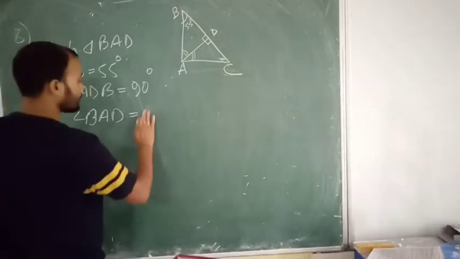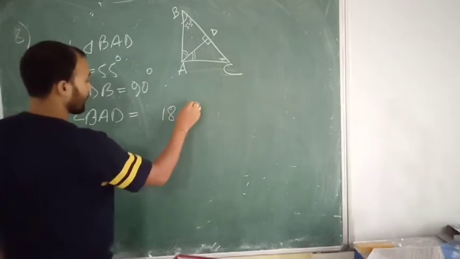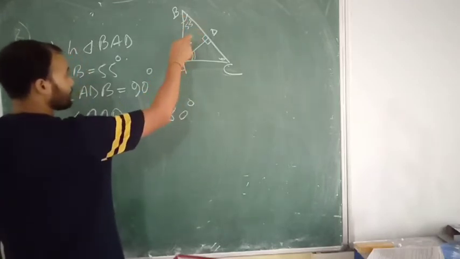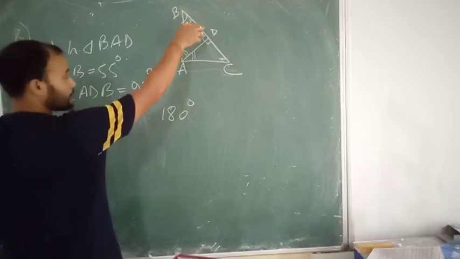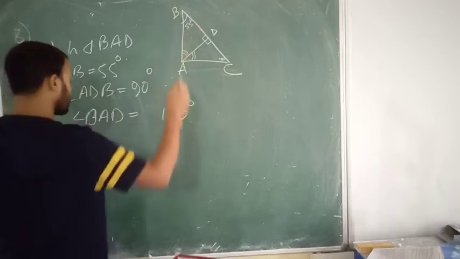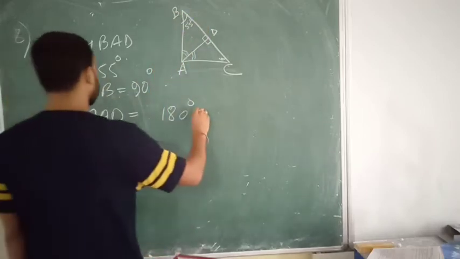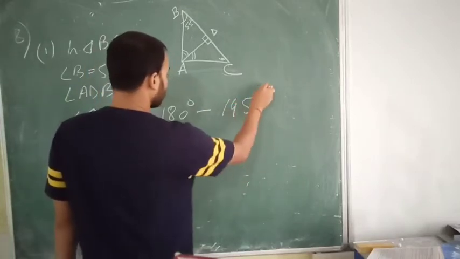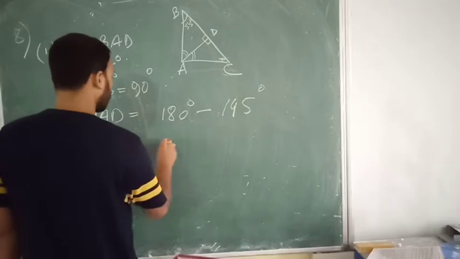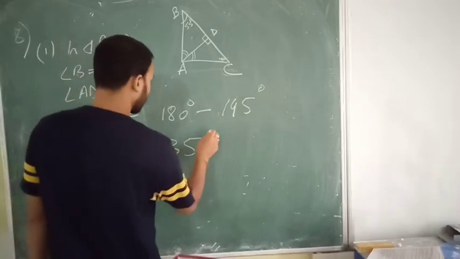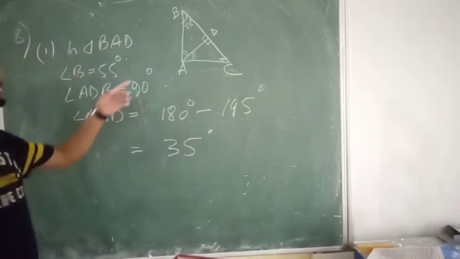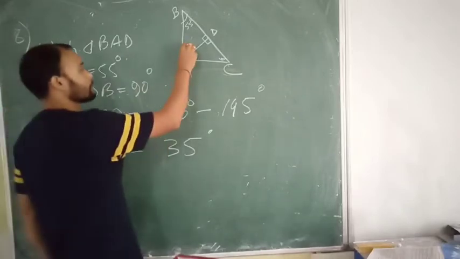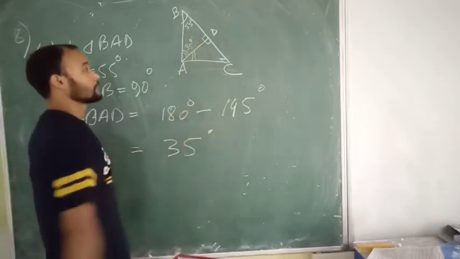BAD is how much? 180 degrees minus this angle minus this angle, subtract the sum from 180 degrees to get this answer. 145 degrees. 35. So this angle is 35. Fine.